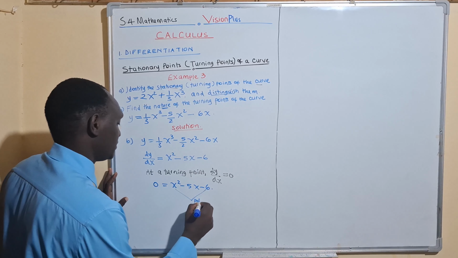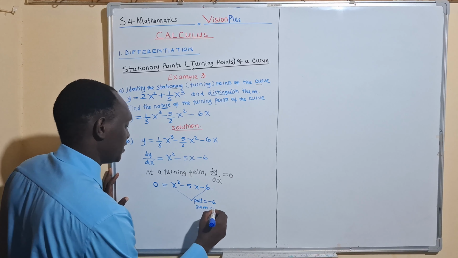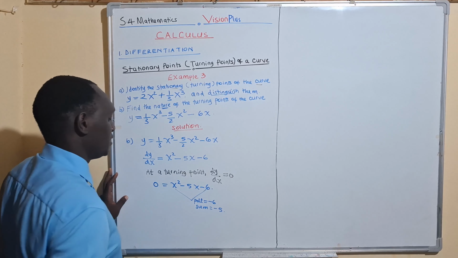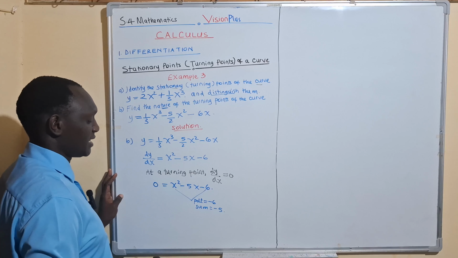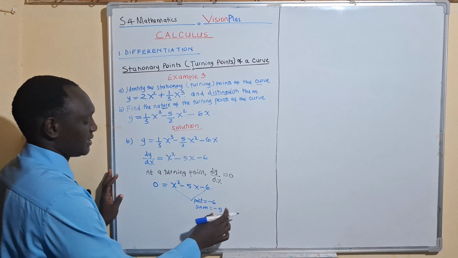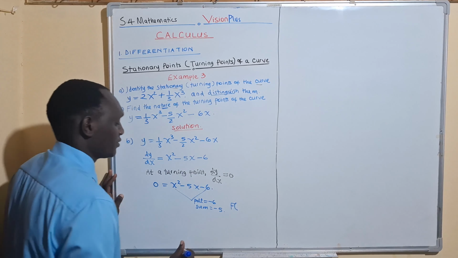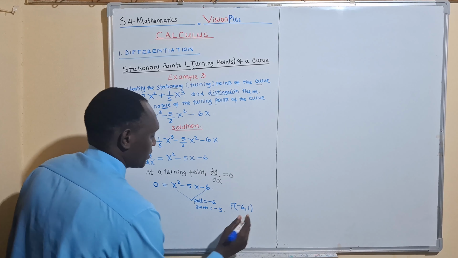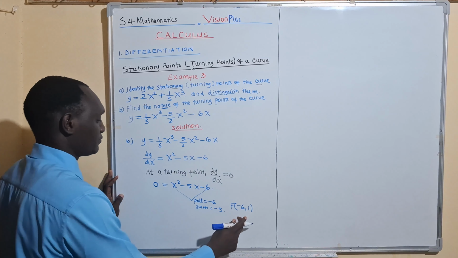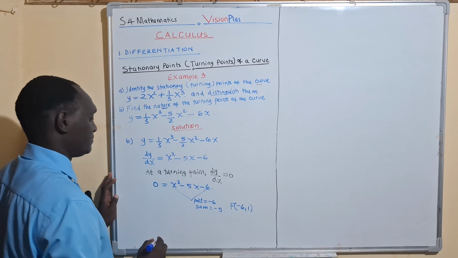The product is negative 6 and the sum is negative 5. So let's look for two numbers which multiply to give negative 6 and add to give negative 5. Those are negative 6 and 1. Negative 6 times 1 is negative 6, and negative 6 plus 1 is negative 5.